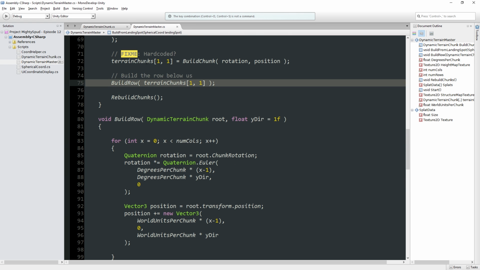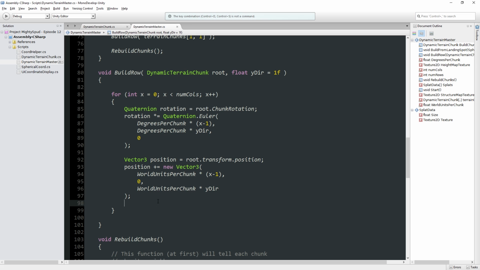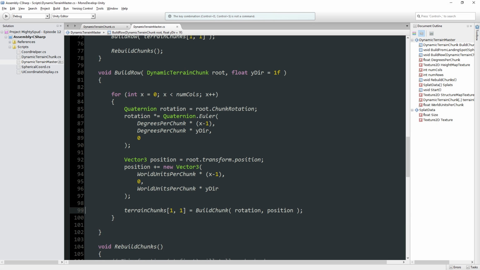So what we're going to do is we're now going to generate a new terrain chunk at, well, the x is going to be x. The y part is actually going to be minus 1. No, it's going to be 1 plus y dir.